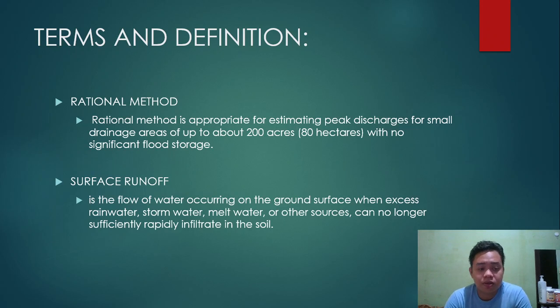So surface runoff. Runoff was defined in previous reports, so let's just do a recap. It is the flow of water occurring on the ground surface when excess rainwater, stormwater, meltwater, or other sources can no longer sufficiently rapidly infiltrate the soil.